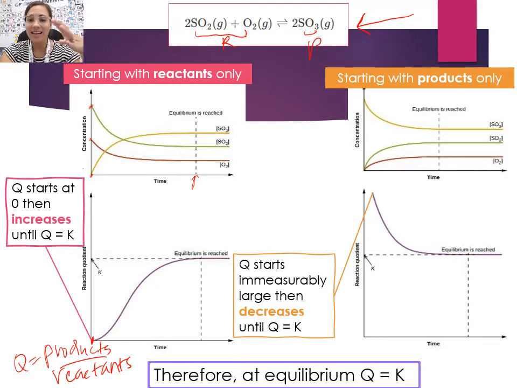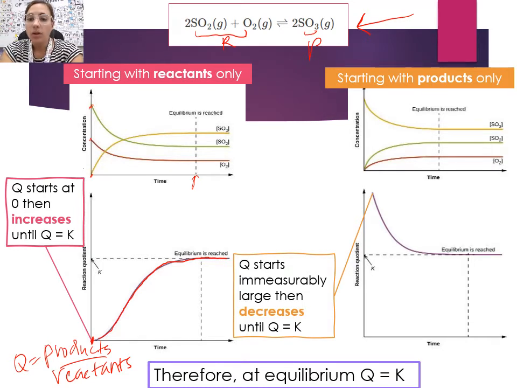But as I build product, Q is going to increase until it reaches the value of K. All right, so if I start with all products, Q is going to increase until it gets the value of K. If I start with all reactants, sorry, I just misspoke.